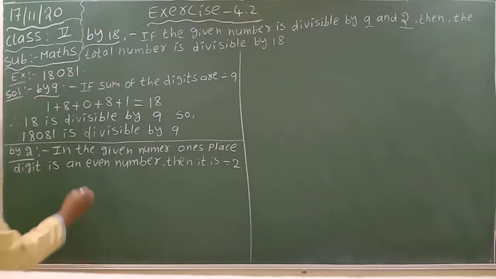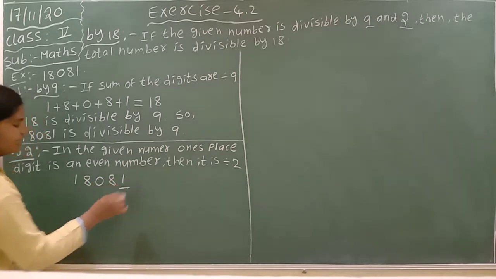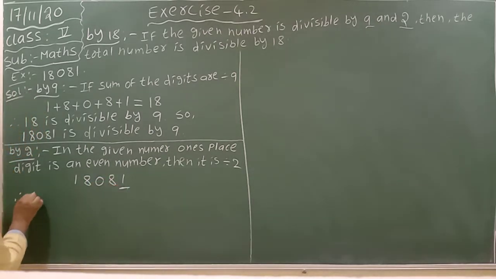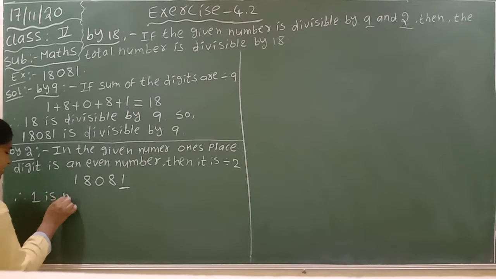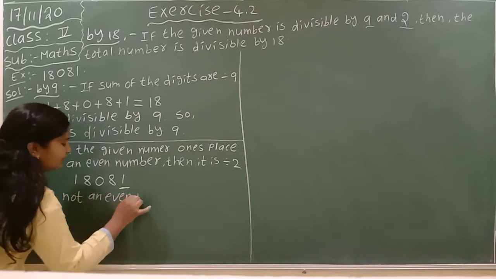You have to check the given number 18,081, but here 1 is there. Therefore, 1 is not an even number.